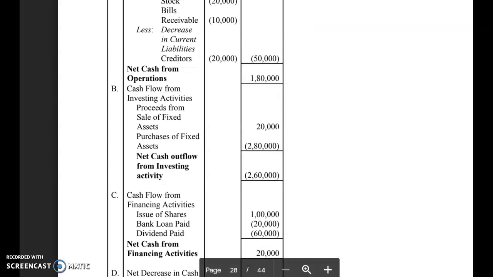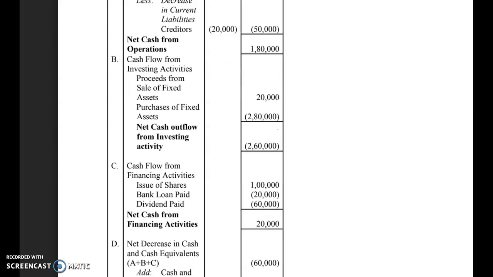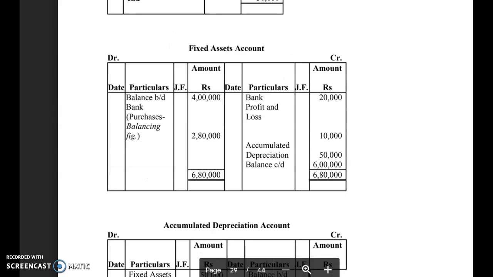Now we come to the second head, cash flow from investing activities. Proceeds from sale of fixed asset is an inflow of cash, that is 20,000, so it will be shown as a plus item. Purchase of fixed asset is 2,80,000. We will prepare the asset account. Opening balance 4 lakh, closing balance 6 lakh.